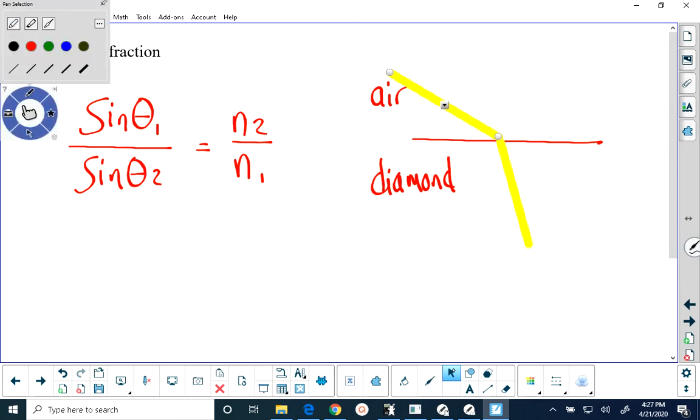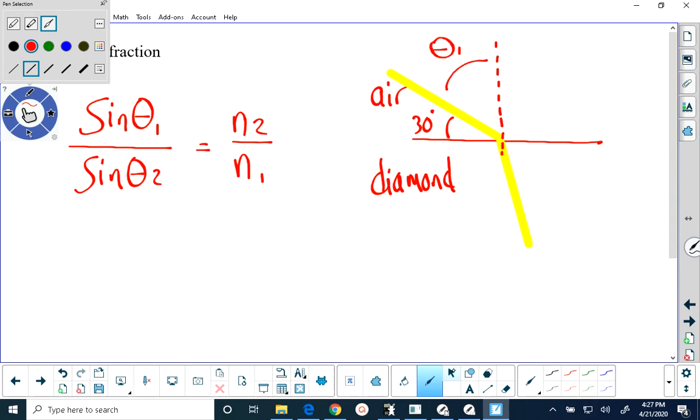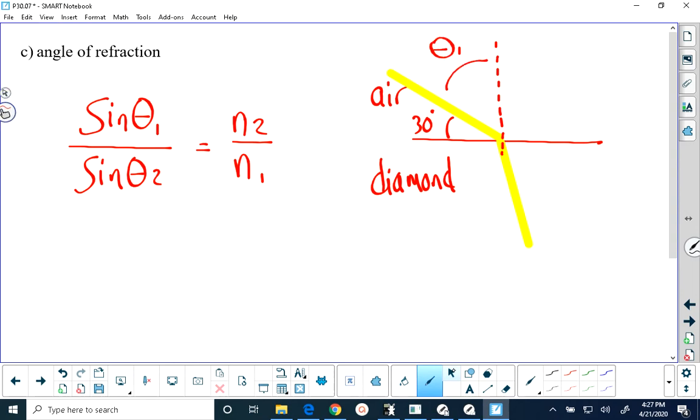This is the question's information to you, that this angle is 30 degrees. But the normal line is what the angle of incidence has to be measured from. So we need to do a little bit of grade 6 or 7 geometry here and take 90 degrees minus 30 to get theta 1, which means theta 1 is actually equal to 60 degrees.